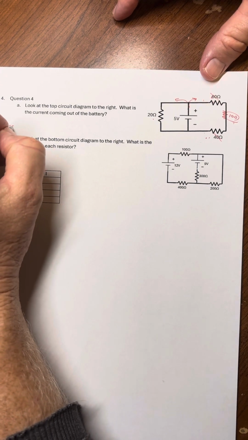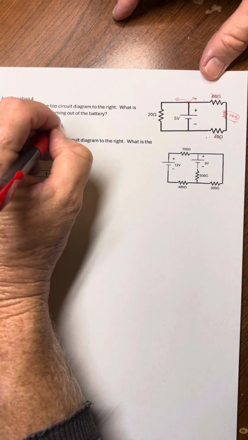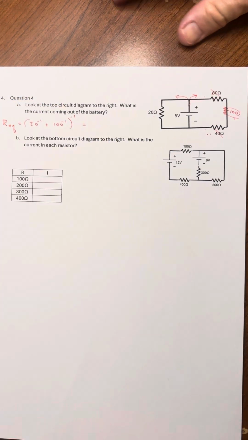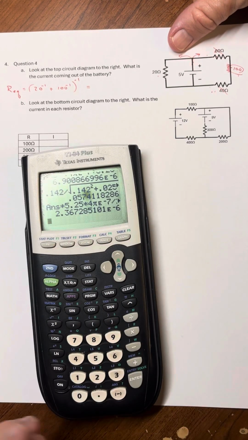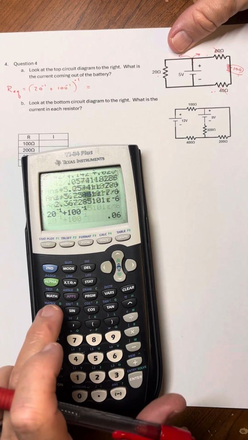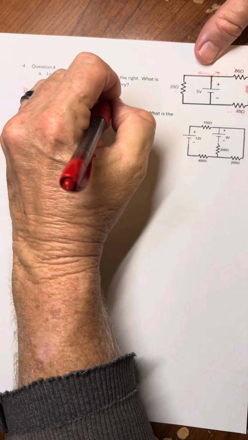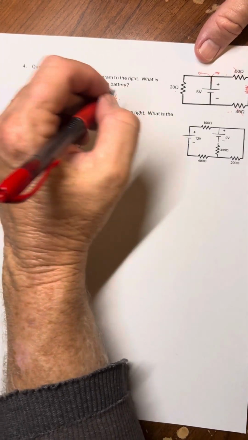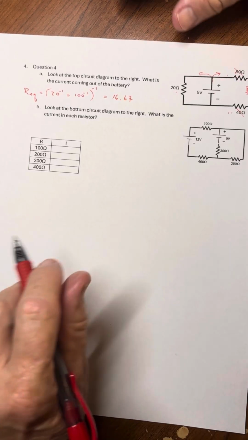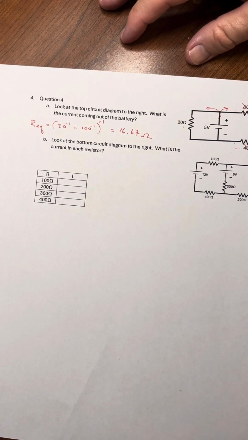And so the equivalent resistance of all three of these would be the reciprocal of 20 plus the reciprocal of 100, and then taking the reciprocal of that is going to give me the equivalent. So these three resistors are equivalent to one resistor at 16 2/3 of an ohm.